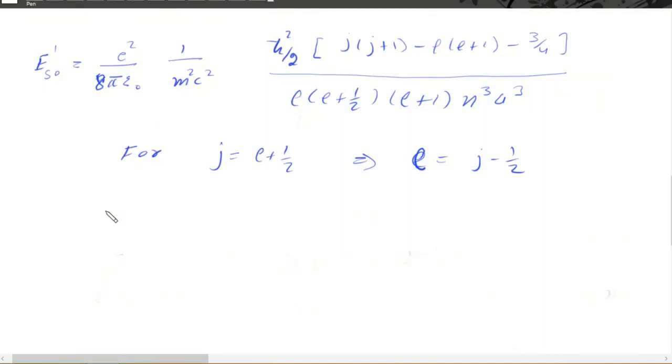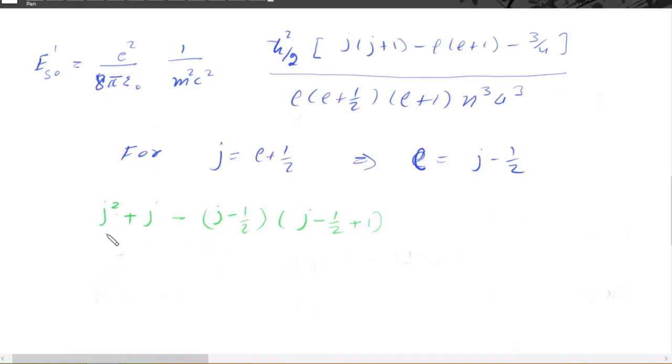This is j squared; we multiply this, and then j minus 1 over 2, and j minus 1 over 2 plus 1. And divide by this value, j minus 1 over 2 and j minus 1 over 2 plus 1 over 2, and then j minus 1 over 2 plus 1.